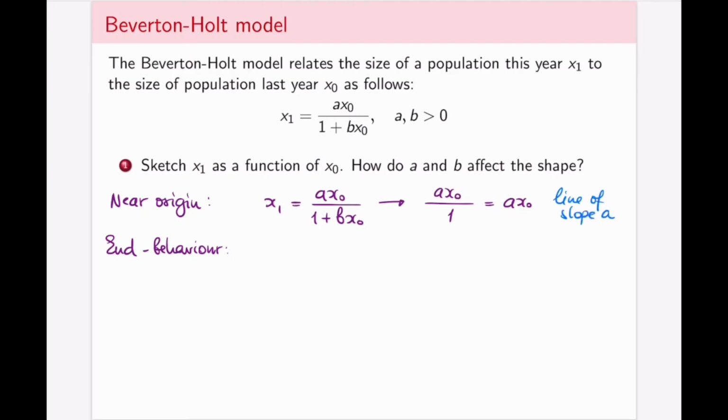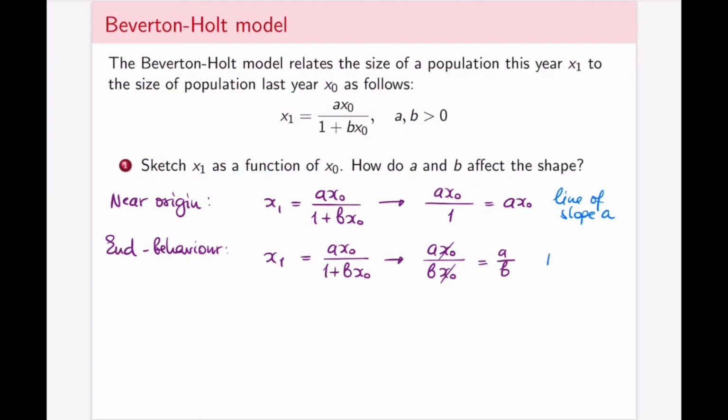For the end behavior, I'm going to keep the top because there are no terms to choose from. But on the bottom, for large values of x, I have to keep the larger power of x, which is bx0. So with bx0, I can see that my x0's cancel and I have a over b.